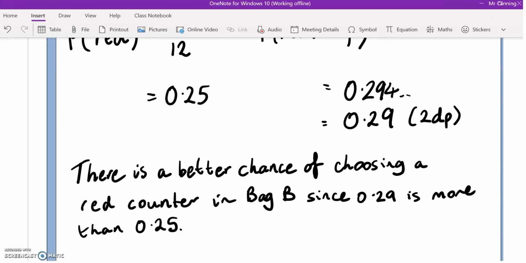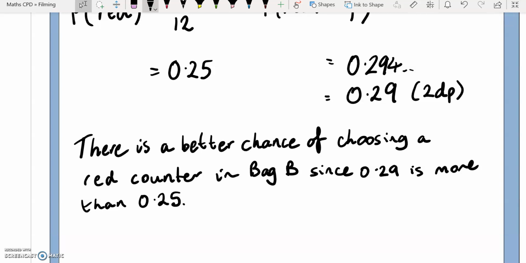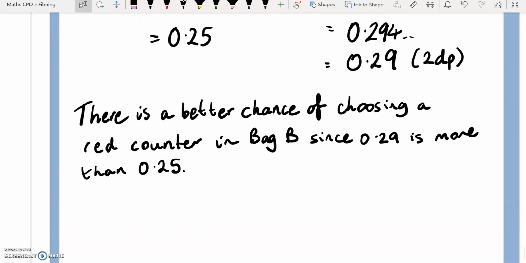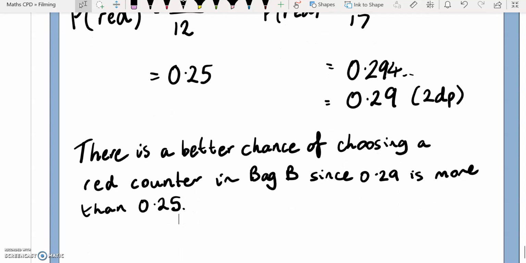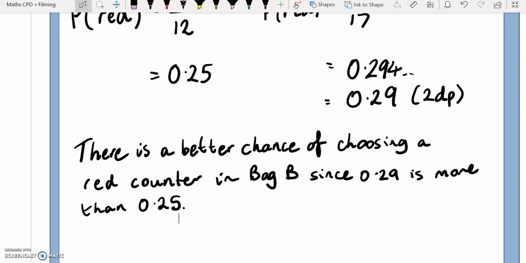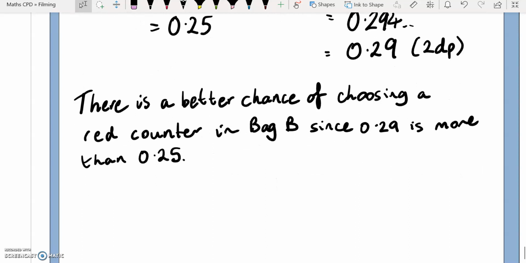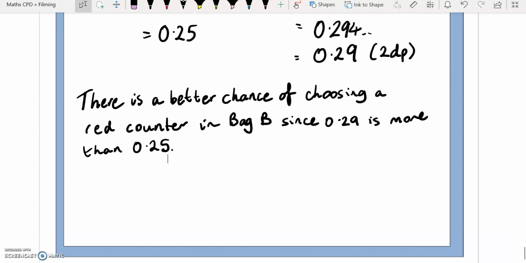So this justification part at the end is a wee bit wordy. It does take a wee bit of time. You need to figure out what the probability is as a decimal, and then you want to compare and write a statement to say which is better and have a numerical comparison in there. That was example 1.